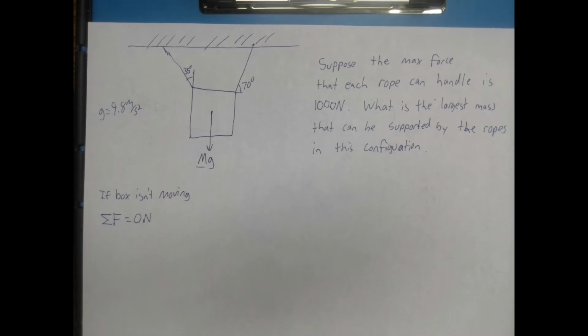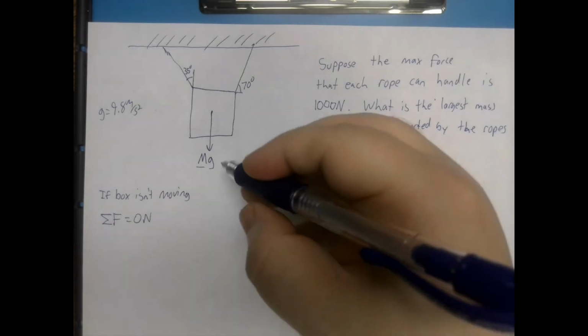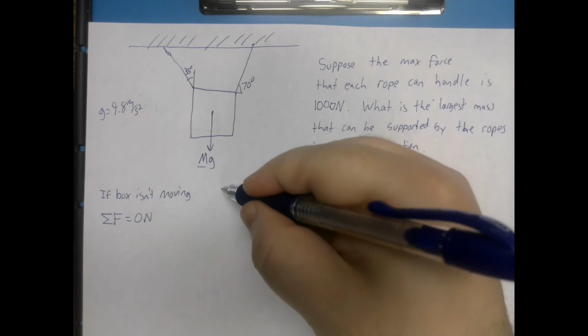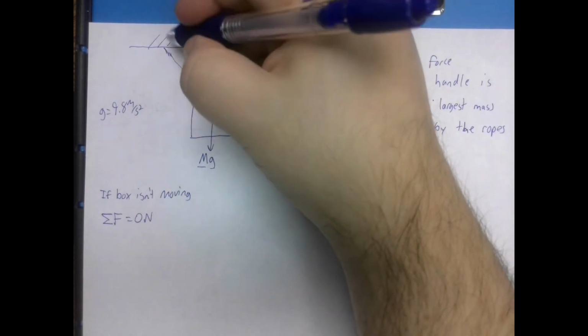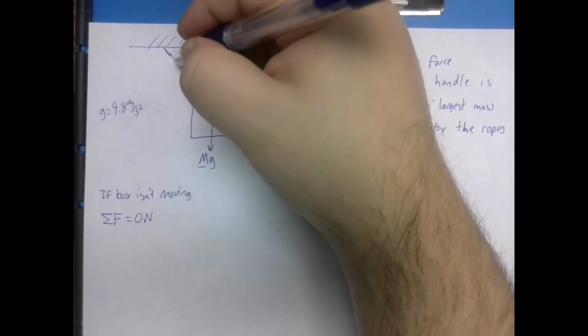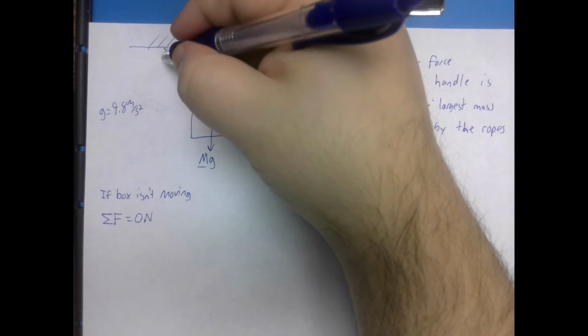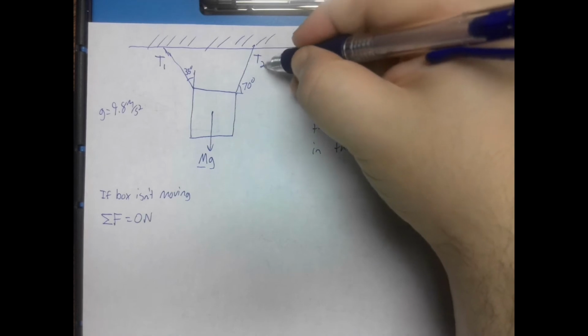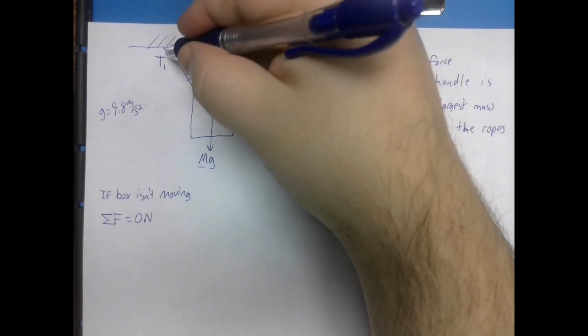So let's break all these up into components. Let's look at all four. We usually call this tension when it's a rope. So I'll call this tension force 1, and this tension force 2. It'll be in this direction.